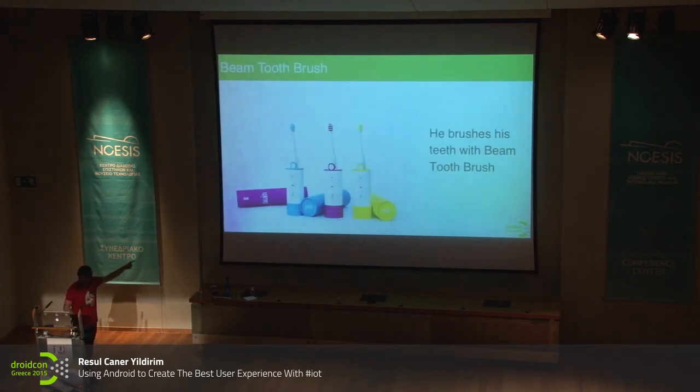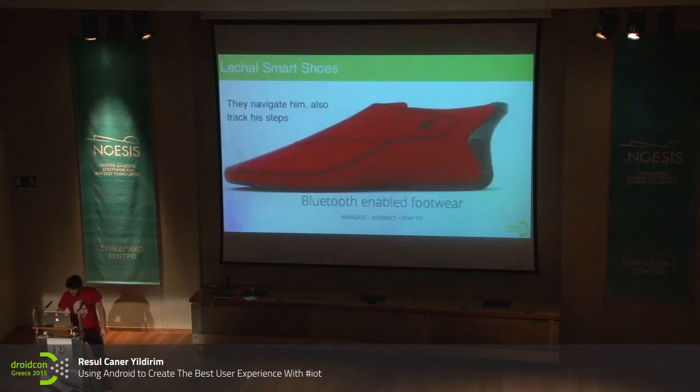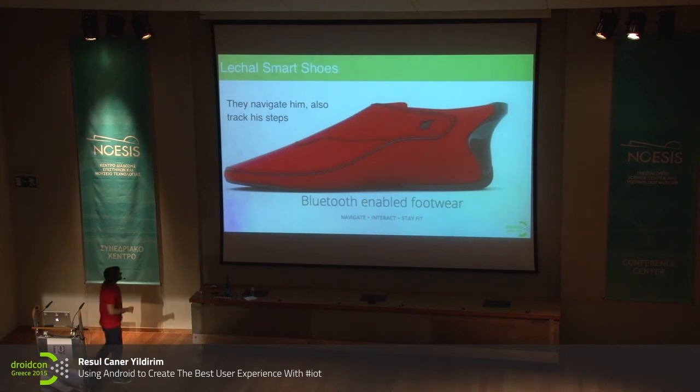And this Beam toothbrush, this again tracks you and warns you: hey, you didn't brush your teeth today. Yeah, this is pretty weird. These are Bluetooth-enabled shoes. There are vibrators on the two sides of the shoes, and they navigate you when you walk on the road.